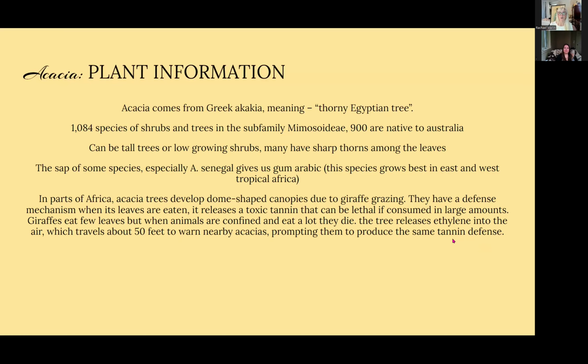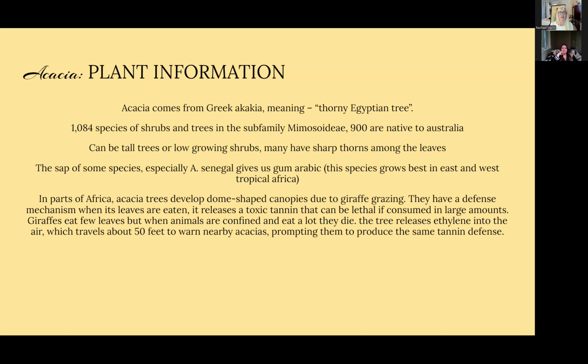Giraffes often will graze upon them, but the trees have a defense mechanism. If they're eaten, they can release a toxic tannin that can be lethal if consumed in large doses. So the giraffes are really smart. They only eat a few leaves and only every 10th tree, because of this signaling mechanism.